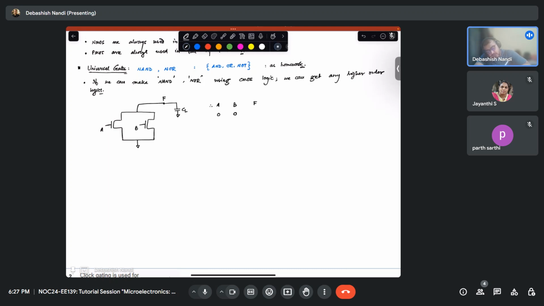This is 0 0, 0 1, 1 0, 1 1. Please tell me what will be the F column. Anyone?